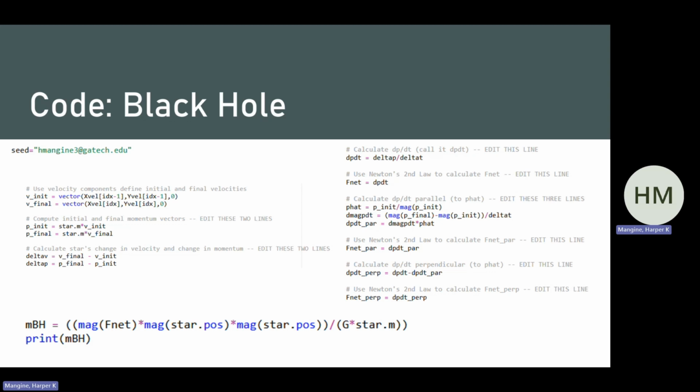We also had to calculate the unit vector of position, and also had to do the net force in the parallel, perpendicular, and the change in the perpendicular. And then the mass of my black hole, you have the option to do it in more than one line. I did it in one line.